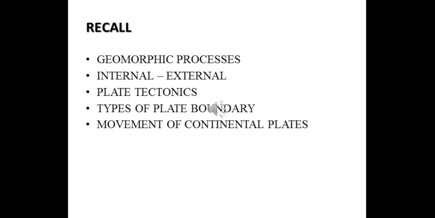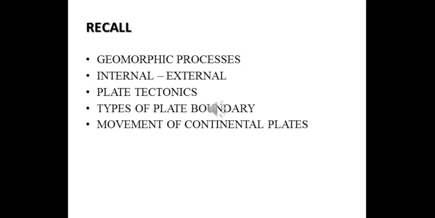Before entering the class, just to recall what we have discussed in our previous class. First we saw about the geomorphic process. Geomorphic process means the physical processes which have an effect on the surface of our earth, that changed the surface features of the earth. It may be internal or external.